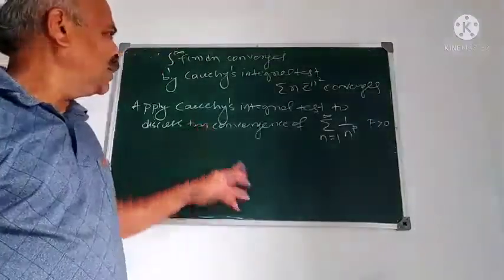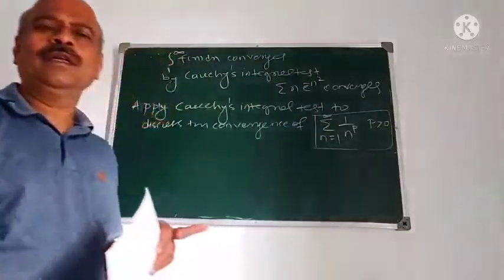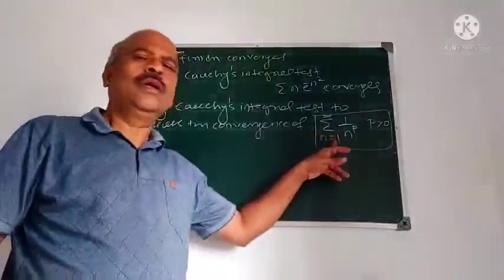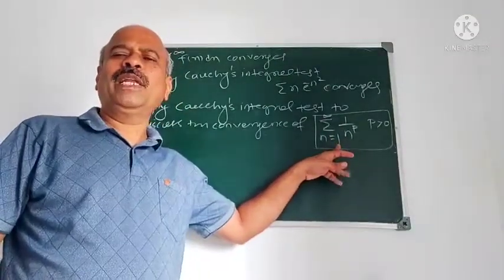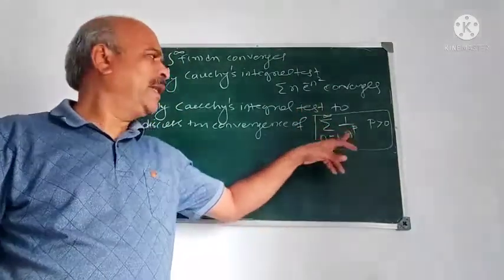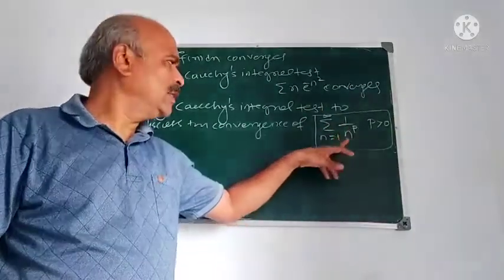This is a standard series and we have discussed this one in detail, and also we have used this series in many problems. While comparing, we have taken this as the auxiliary series. You know the nature of this series.